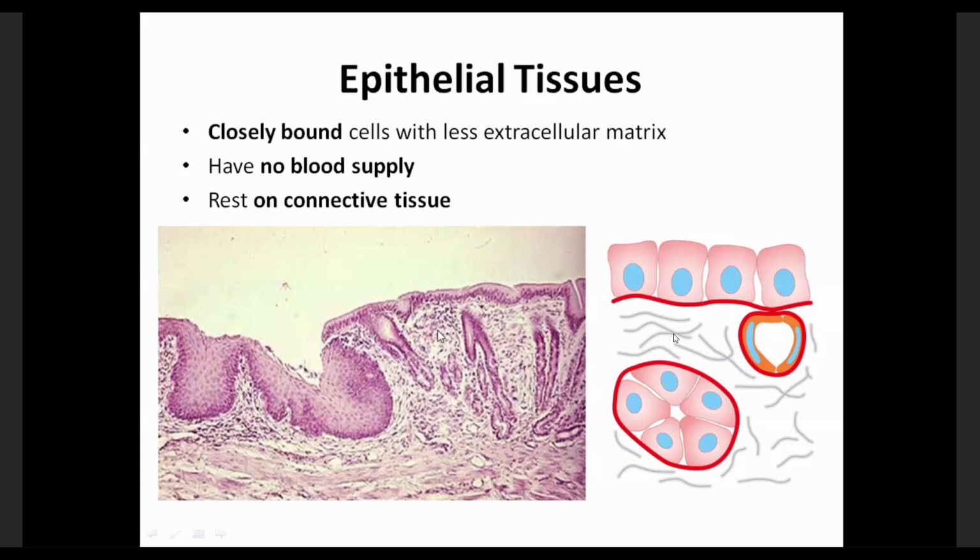Epithelial tissue has its own peculiar features and characteristics, and one unique feature, because of its needed function, is that it is closely bound. The cells are closely bound like this one. All the dot-like regions you see represent the nuclei of the cells.